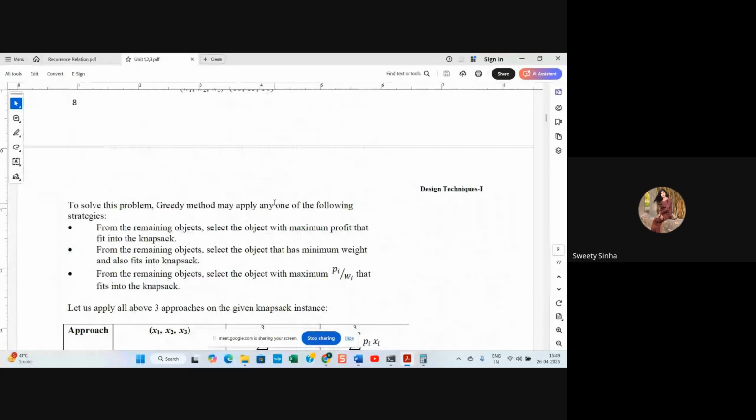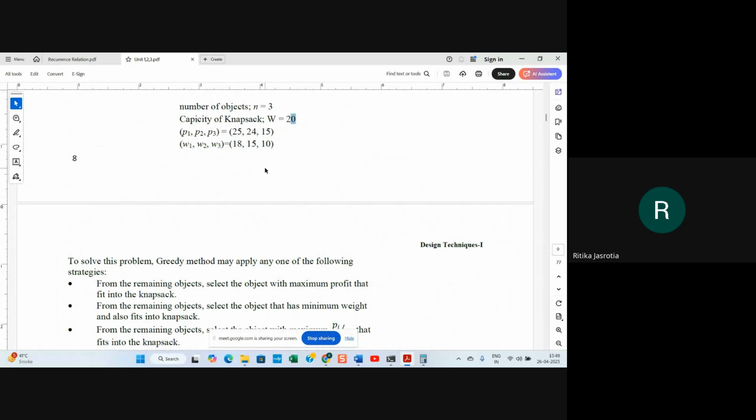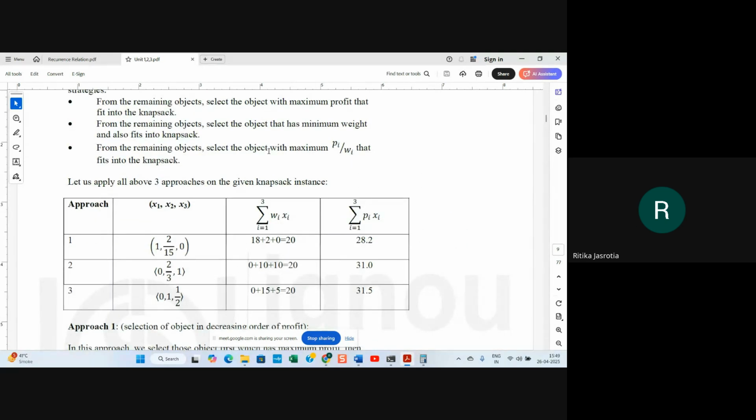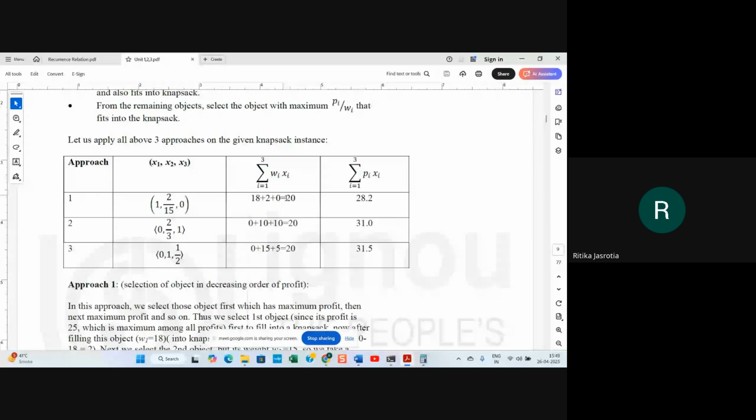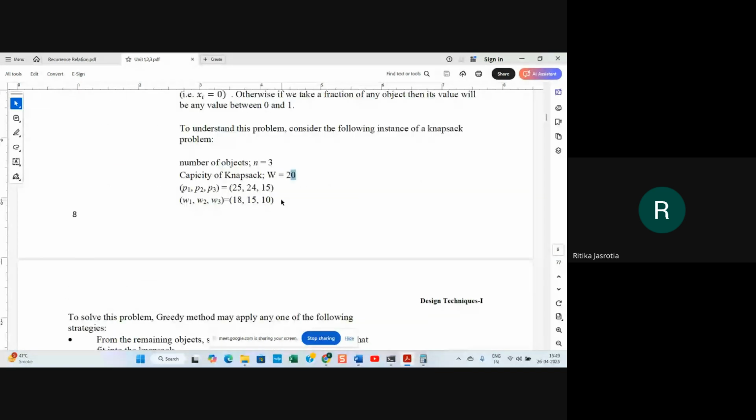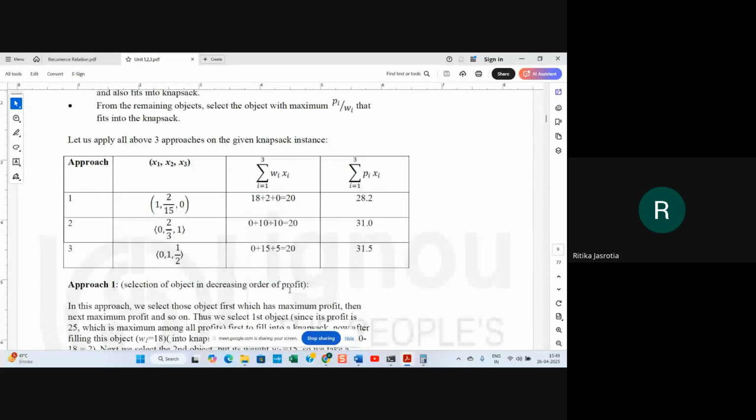So the next highest is this one, 15 divided by 10, 1.5. Among that we have only 5 weight, so from 10 we will take 5 units of weight.